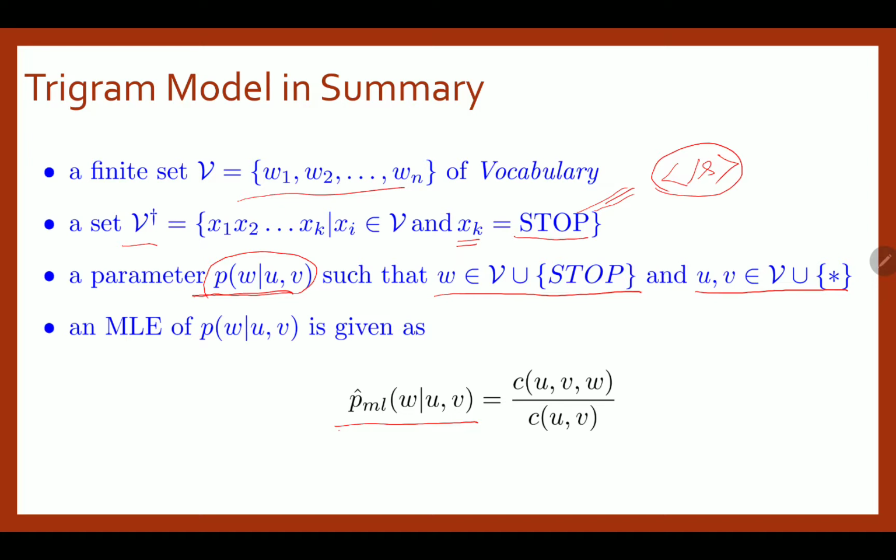We have estimated this probability with maximum likelihood estimation, and we denote that as p hat ML. Whenever we use the hat, it indicates that this is an estimate, and the actual probability is written without the hat. That's a standard notation.